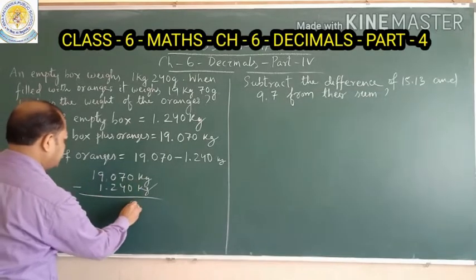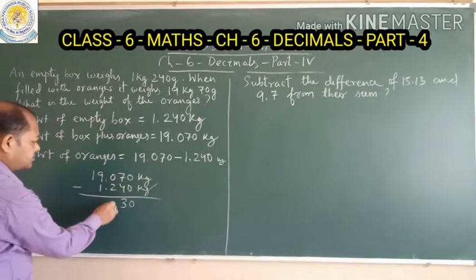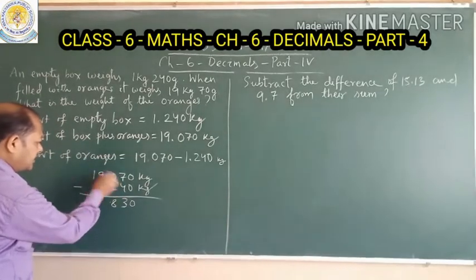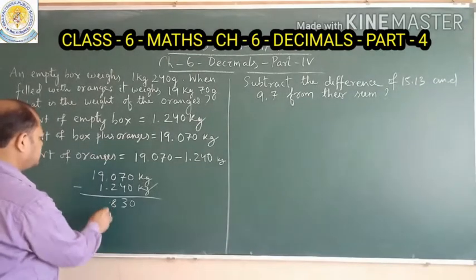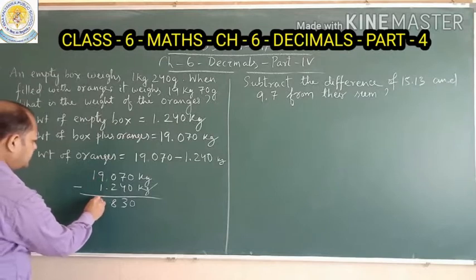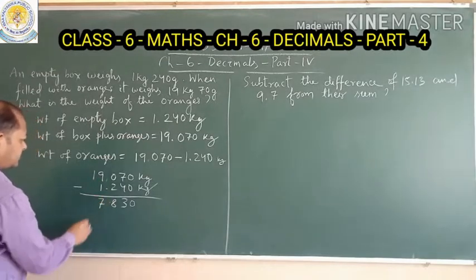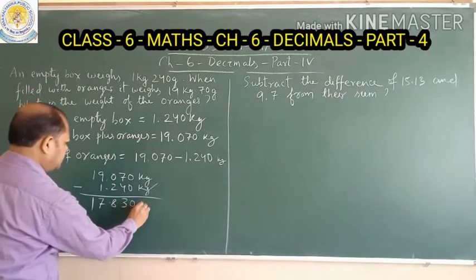0 minus 0, 7 minus 4 is 3, and 10 minus 2 is 8. So 1 kg here, it is 8 now. So 8 minus 1 is 7. So it is 1 here. So 17.830 kg.